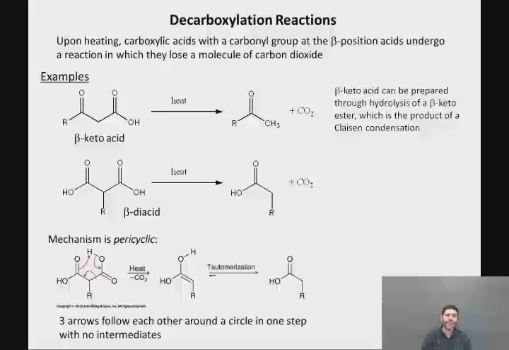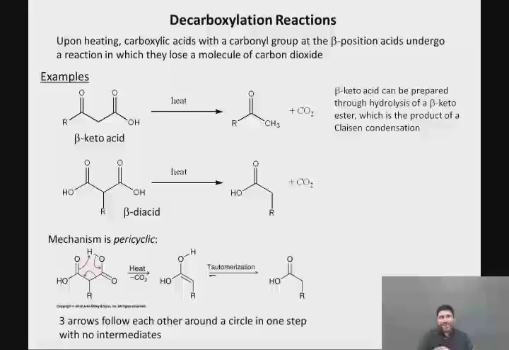So that means we have to add another bond to the carbonyl carbon, and we use the electrons in the carbon-carbon sigma bond to break the carbon-carbon bond and form the new carbon-carbon bond so that the carboxylic acid carbon has 4 bonds. And then finally, the electrons that are left behind on what was the carboxylic acid form the second CO pi bond to kick off carbon dioxide.